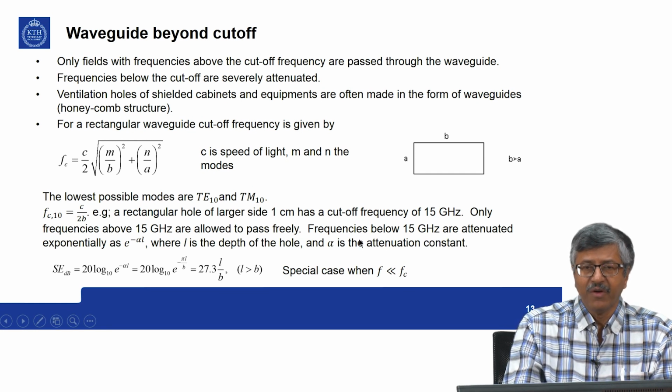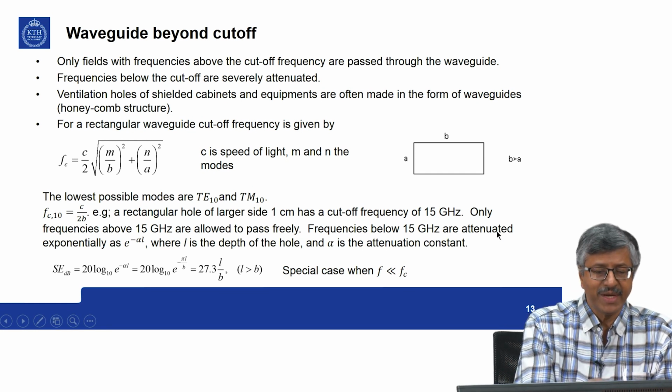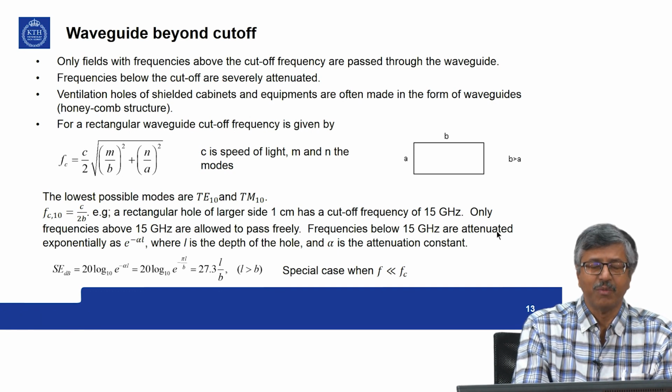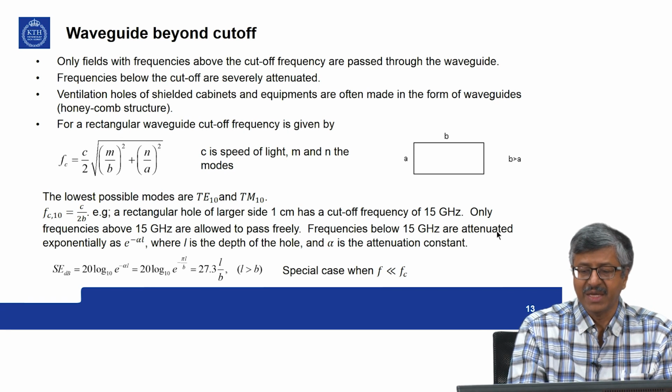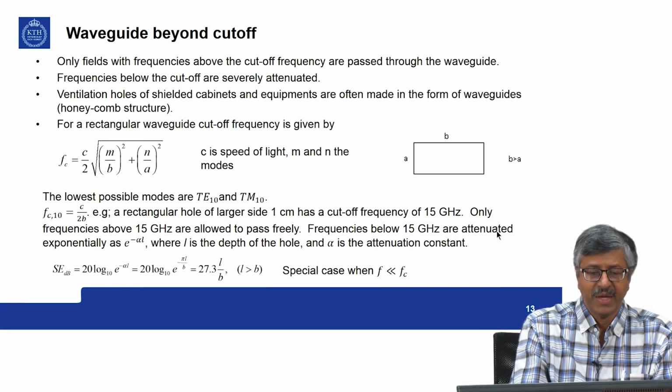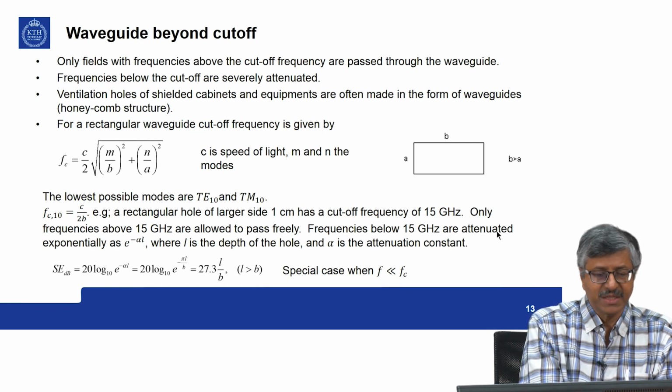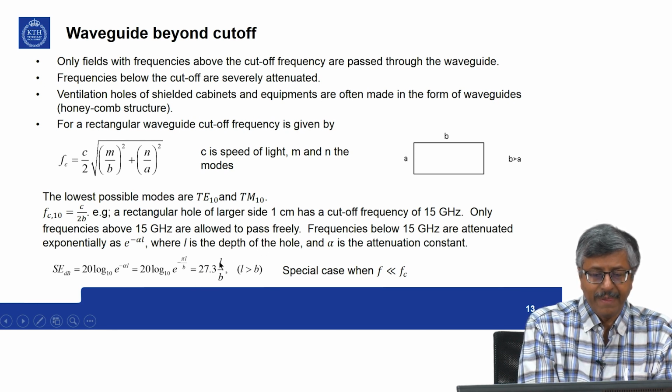So, frequencies below 15 gigahertz are attenuated exponentially as e to the power of minus alpha L, where alpha is the attenuation constant and L is the depth of the hole. So, for this particular case, attenuation in terms of dB is 20 log e to the power of minus alpha L, so e to the power of pi L by b.